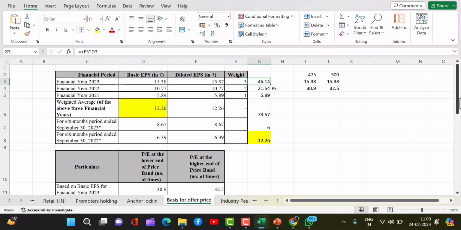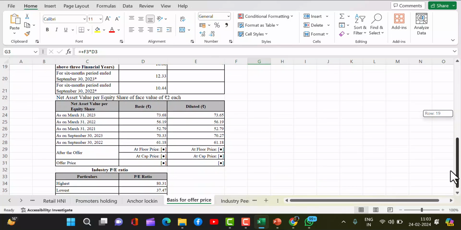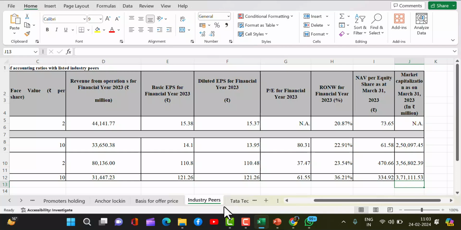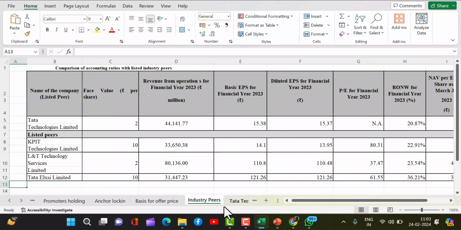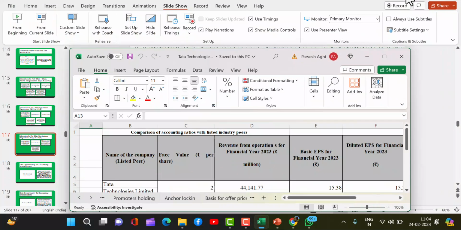अच्छा, मुझे लगता है यहाँ से जाना पड़ेगा. हाँ, अभी देखते हैं, नेक्स्ट स्लाइड में देखते हैं. चलो नेक्स्ट स्लाइड पे देखते हैं. ओके, इंडस्ट्री पी. जस्ट होल्ड ऑन.